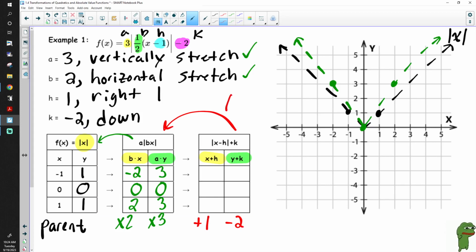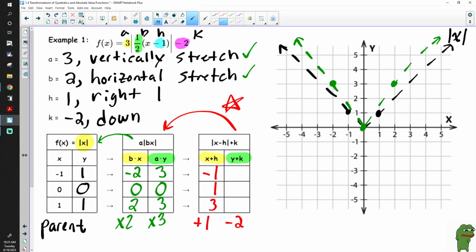This table right here is always our final graph answer. The middle one's like we're halfway there. The last one is the final answer. So let's add 1 to all the x values. Add 1 to -2. Add 1 to 0. Add 1 to 2.